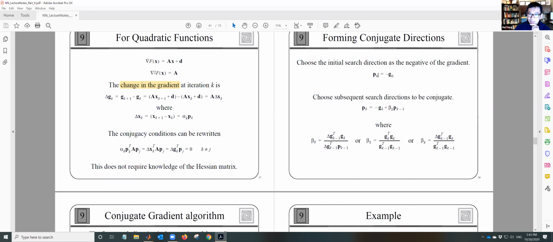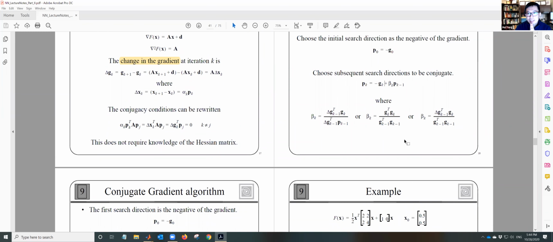In the first iteration, p0 equals minus g0. For beta k, you can use 3 different ways to derive it. Beta k can use delta gk minus 1, the gradient change in the previous iteration, and then gk in the current iteration, or gk minus 1 and gk.